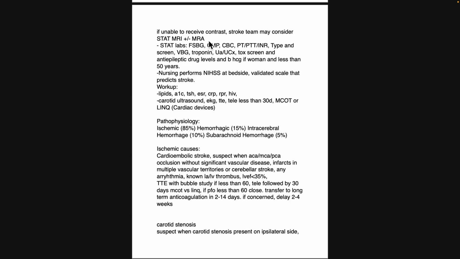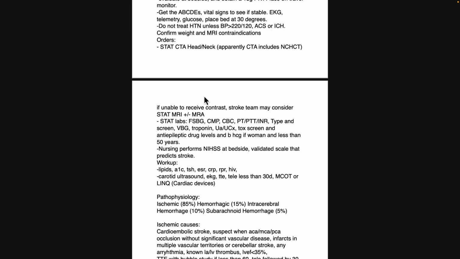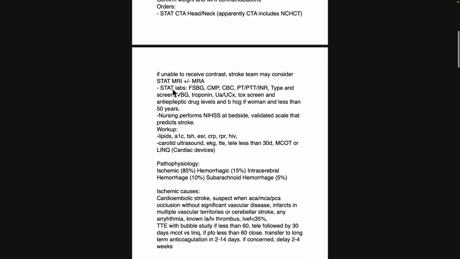Like the patient has renal failure or any known allergy to contrast or something like that, then the stat MRI plus or minus MRA. Another thing is if your hospital has ability to order MRI right away and it's freely available, that's actually more sensitive than the CT is. So that's a game time decision based on what resources are available to you.